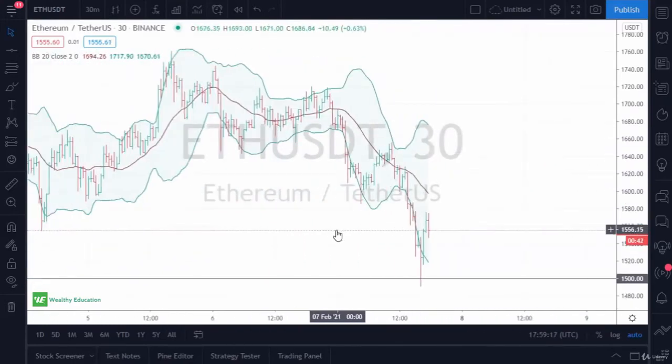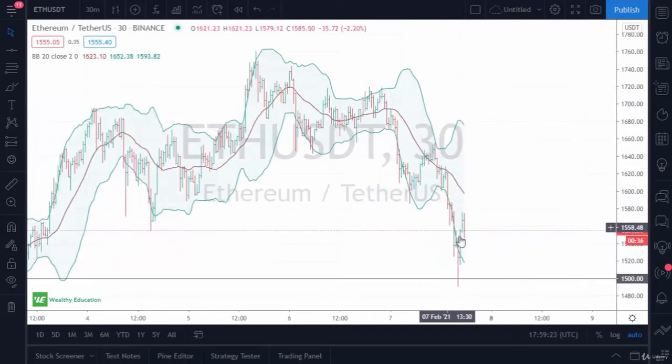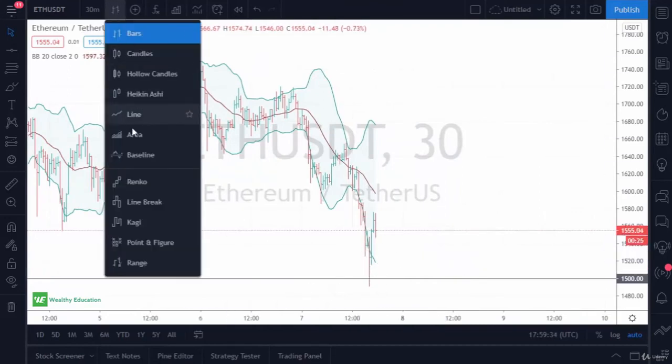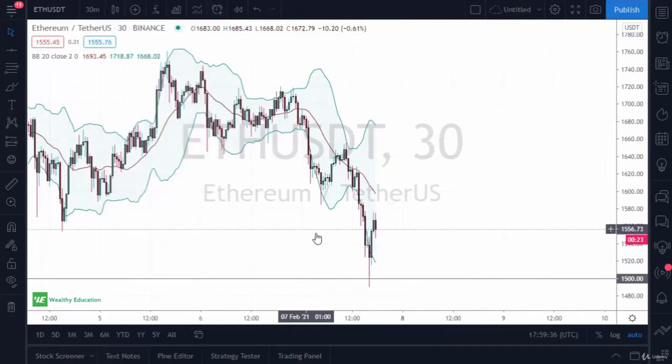So what I would be waiting for is either a cross above the moving average. Now that we have bounced significantly, this bar is kind of a significant bar, and we'll talk about that. When you do a candlestick, it's something known as a hammer. So I'm looking for this 1500 level to offer a bit of support.